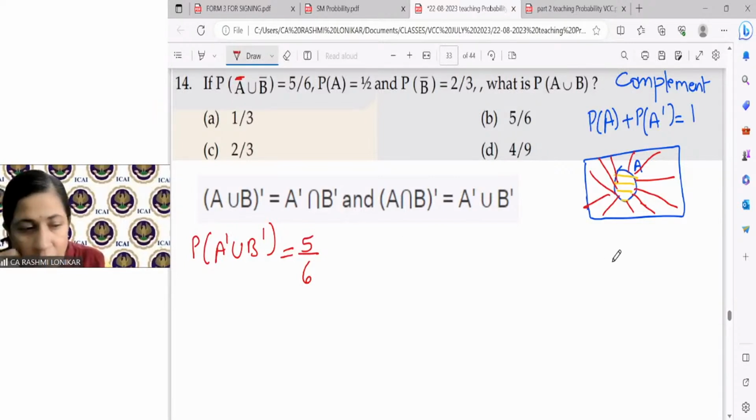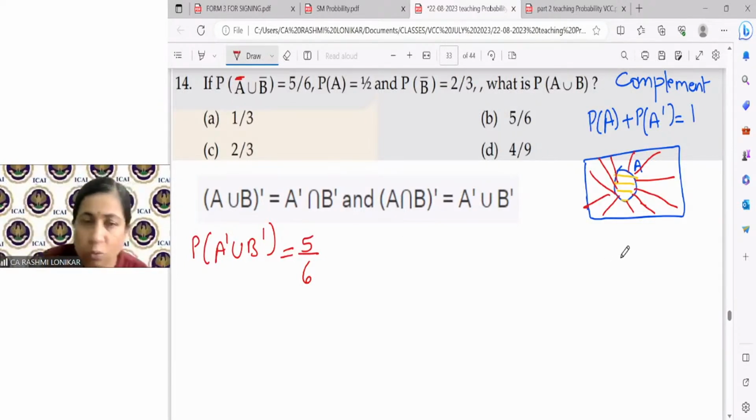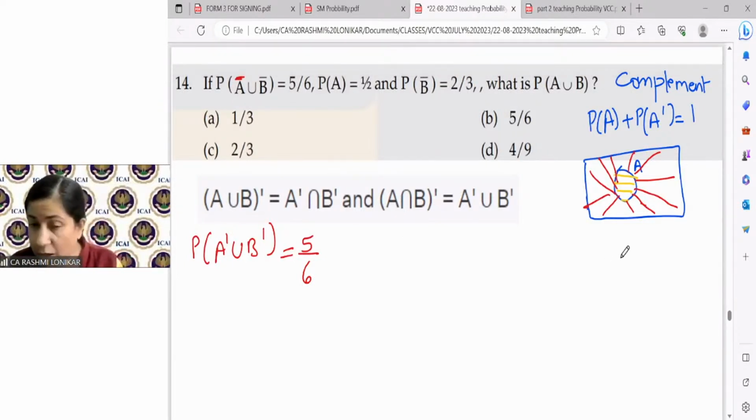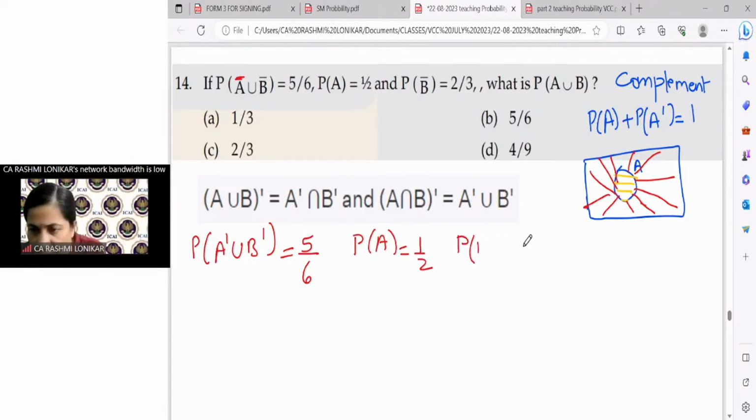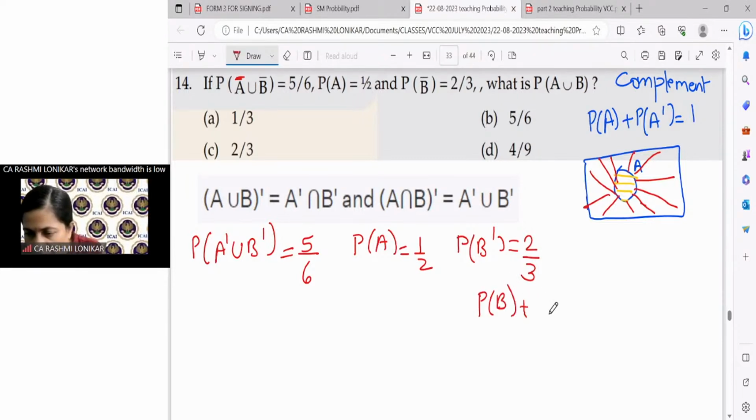Do you remember those rules that we have about De Morgan's? So we are using that. P of A is equal to half and P of B dash is equal to 2 by 3. Now when I have that, what will I do? I will use this: P of B plus P of B dash is equal to 1.